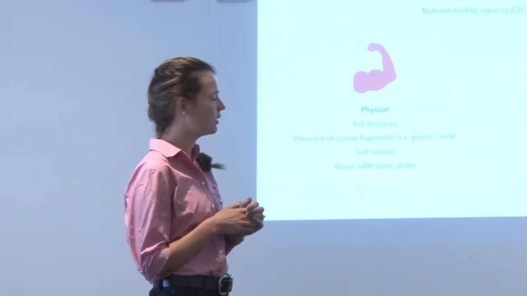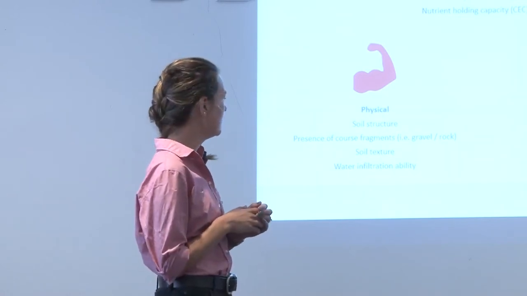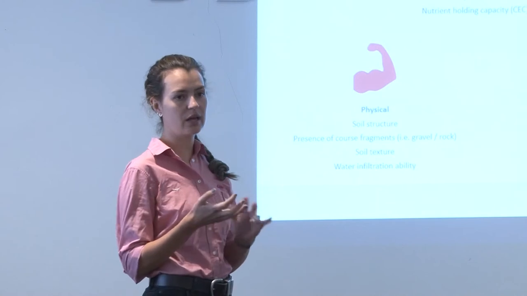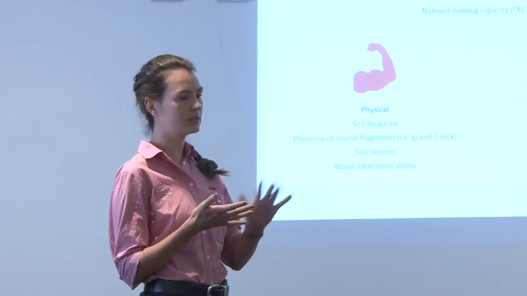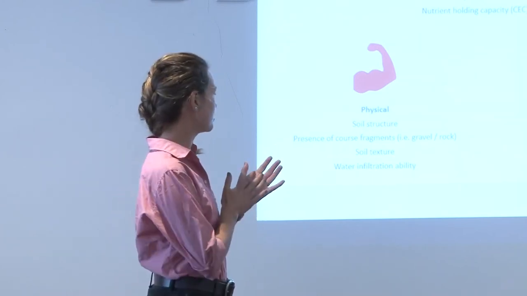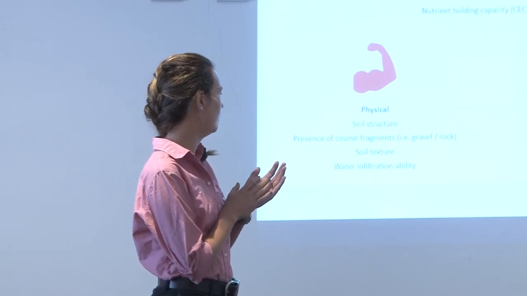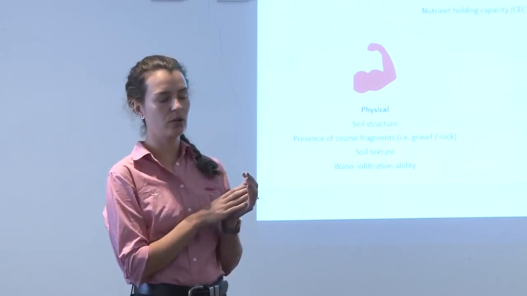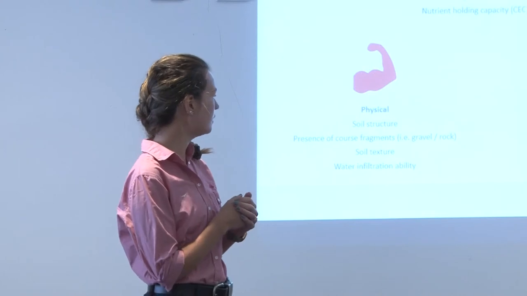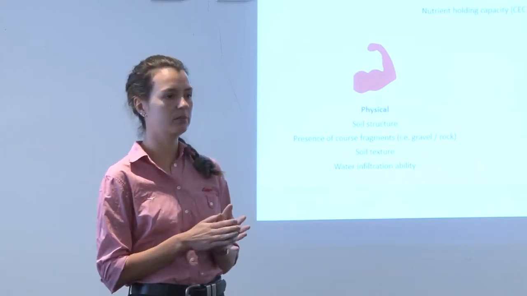So anything greater than sand particle. Then you've got your soil texture, so your clay, silt, sand, and the water infiltration ability. That has an influence on erosion and directly links back to the compaction piece.